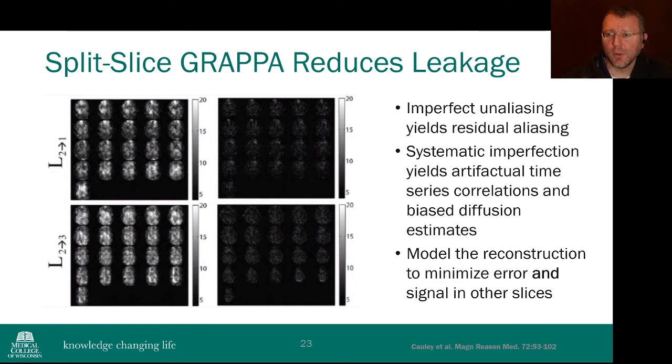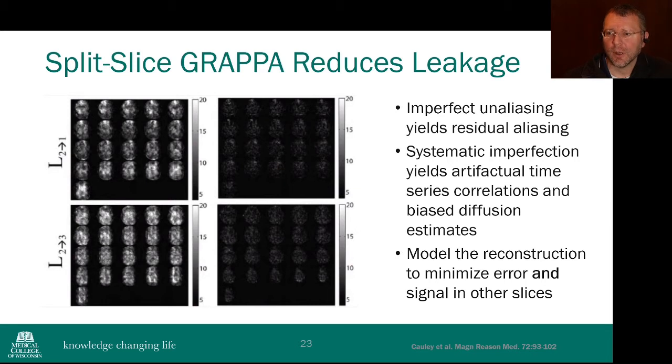It's not doing anything about making sure that when you apply one slice GRAPPA kernel for unaliasing one slice, it doesn't bring other elements of the other slices that were acquired simultaneously into it. With fMRI and with diffusion tensor imaging, that leads to residual aliasing that can bias your results.